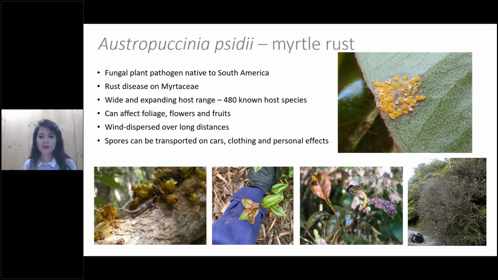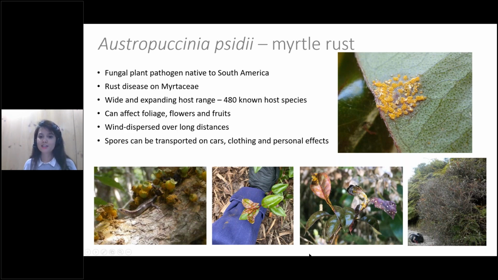The disease affects the young and expanding foliage tissue, the flowers, and the fruits. And when the infection is severe, it can lead to plant death. You can easily recognize the disease by the yellow pustules that result from the infection.